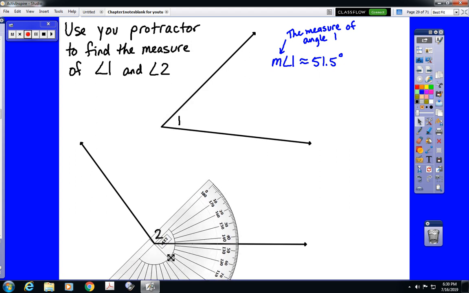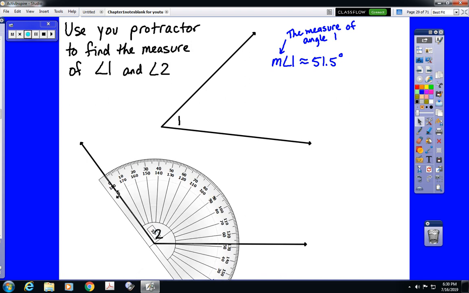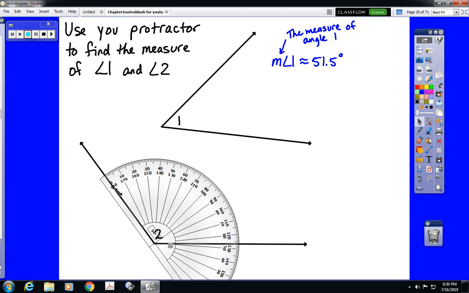We line up our vertex. Okay. And we line up our 0 line. Let's line it up with the left side this time. There we go. I am seeing about 126 to 126.5.